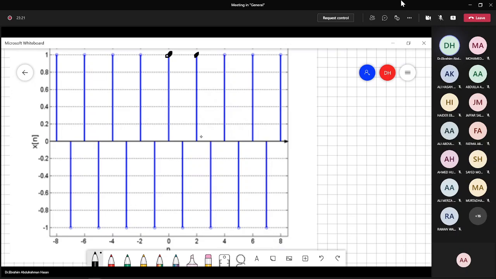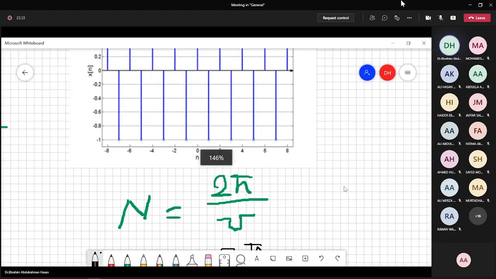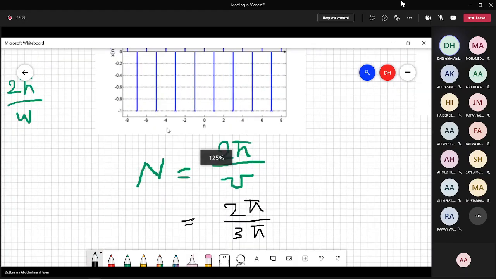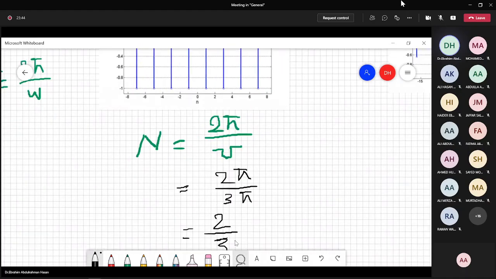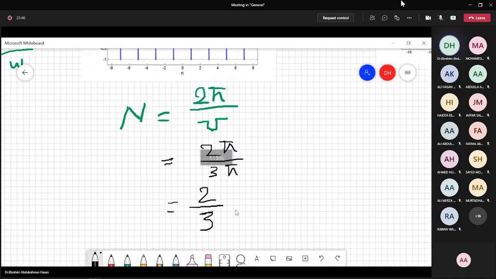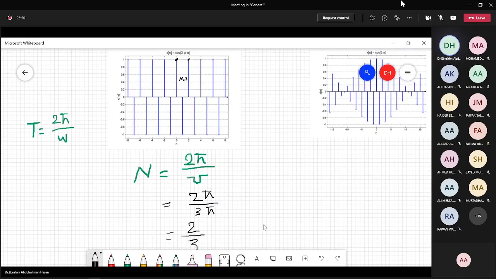So from here to here it is equal to 1, from here to here it is equal to 2, then N for this one equals 2. So in discrete, this n, small n, is always integer. Then capital N, which is the period, should be integer, not 2/3. 2/3, there is something wrong.